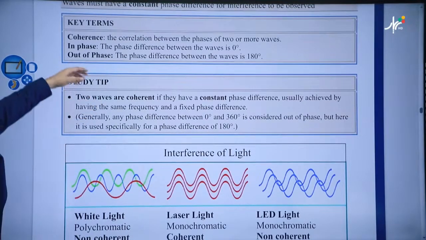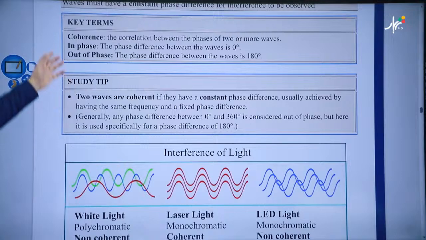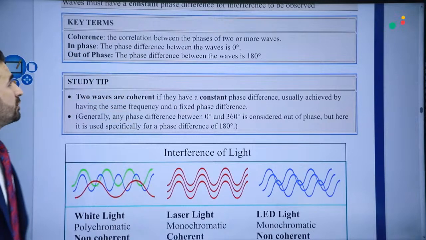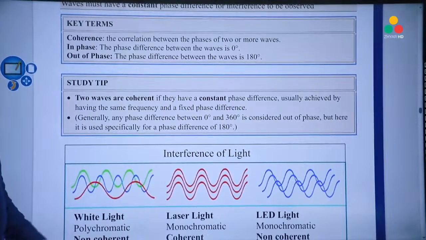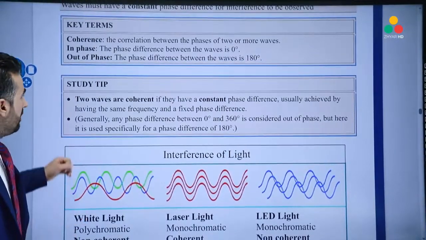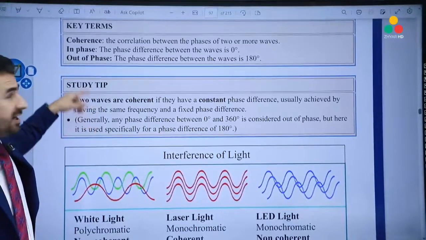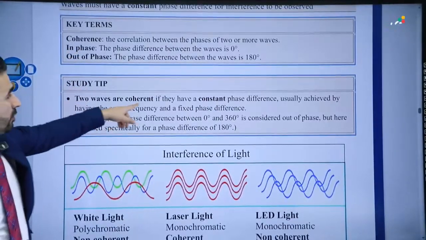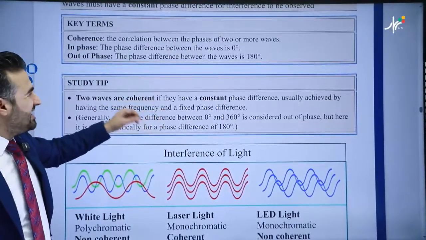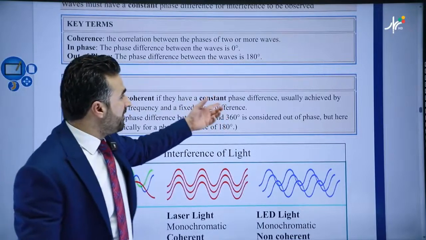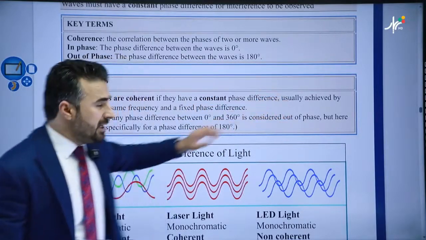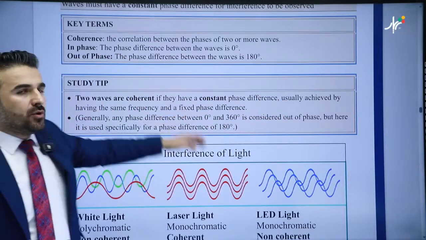That was the first term that you need to know. Another term is coherence. What is coherence? The correlation between the phases of two or more waves. What do we mean by this? Two waves are called coherent if they have a constant, fixed phase difference, usually achieved by having the same frequency.